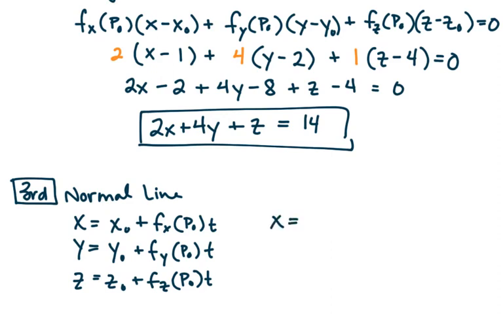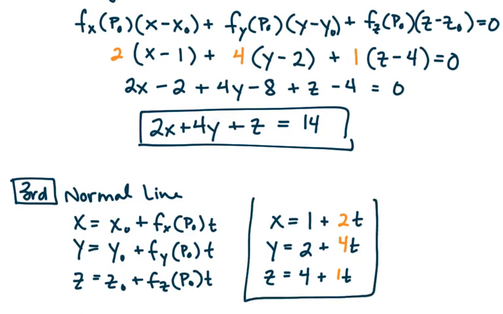So we have x equals, my x value given was 1, plus my partial with respect to x was 2, so I've got 2t. I've got y equals, the given y was 2, plus I now have 4t, and z, I was given a 4, plus I have 1t. You don't need that 1 there in front of the t for z, but I like to write it.